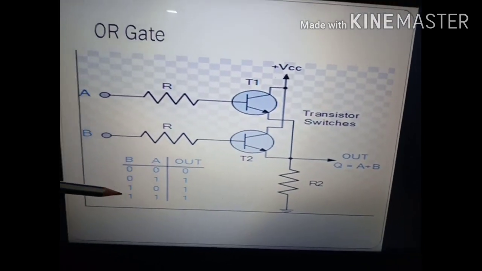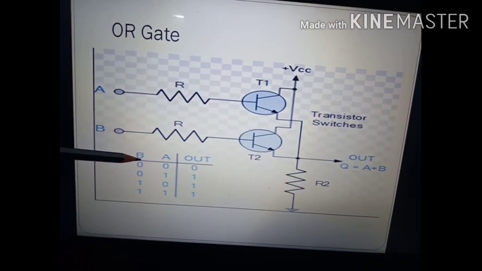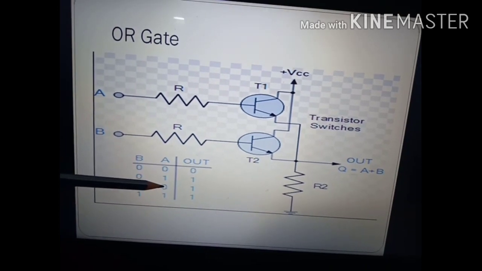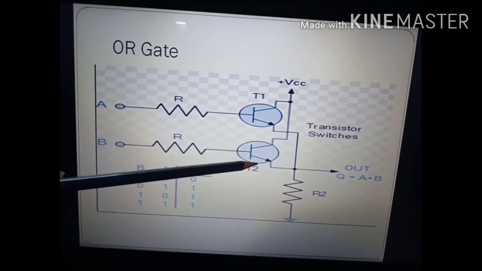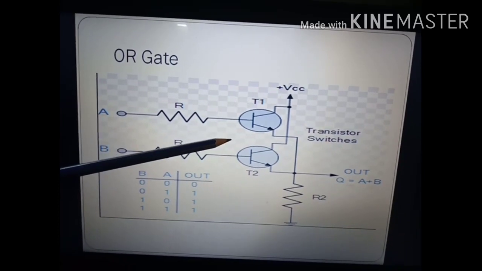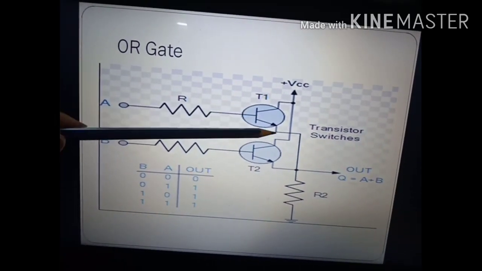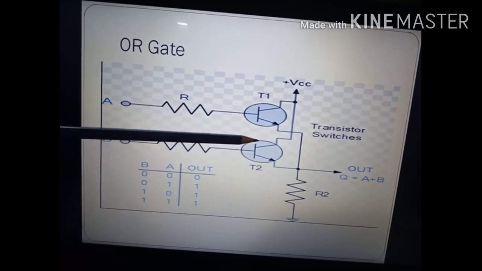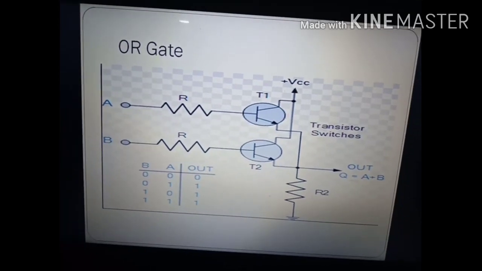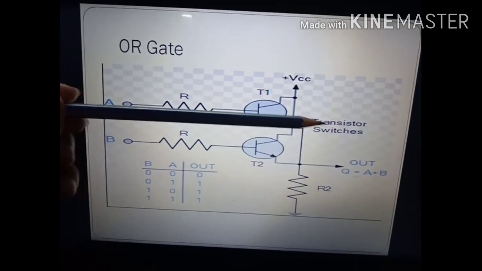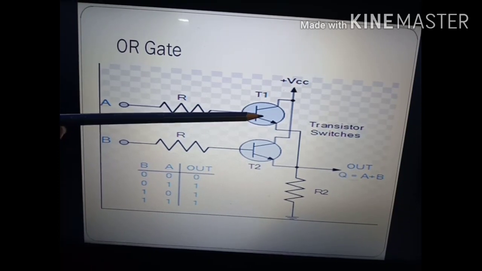In the third case, where B equals 1 and A equals 0, T1 will be in the deactive state and T2 in the active state. So current can pass through T2, not T1.